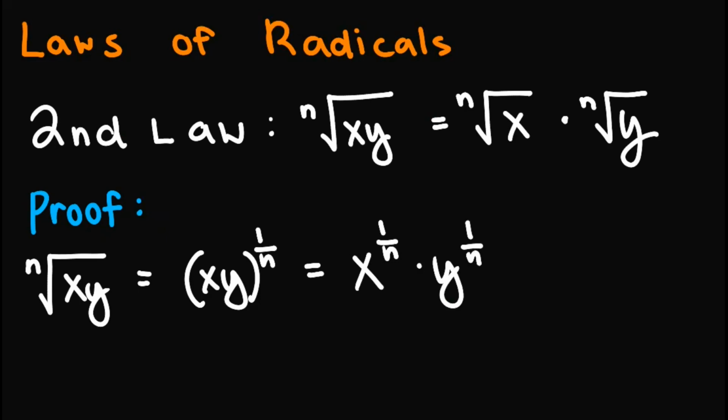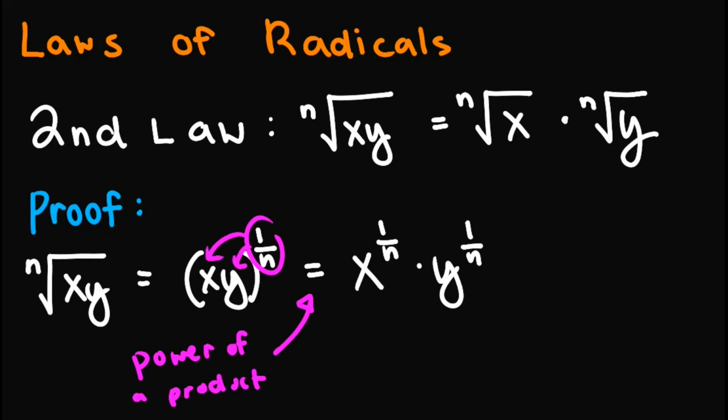I think this one is by the power of a product law. So basically, we distributed this to this one and this one. And by definition again, this one is equal to the nth root of x times the nth root of y. So we have arrived with what we want.